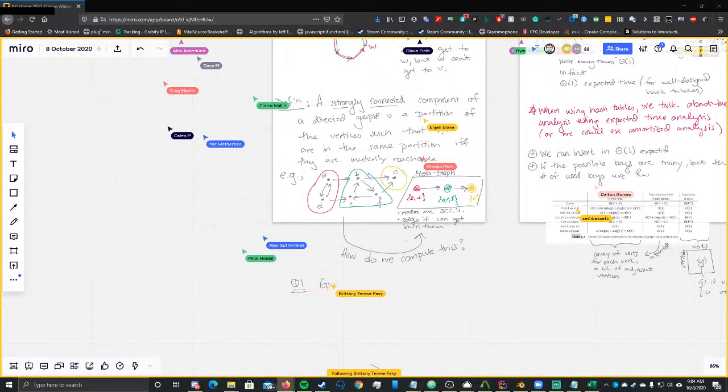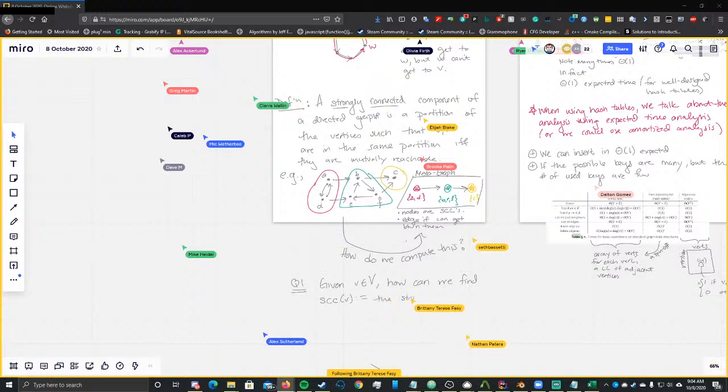Given little v in V, how can we find the, we'll call it S, strongly connected component of V, defined to be the strongly connected component containing V?